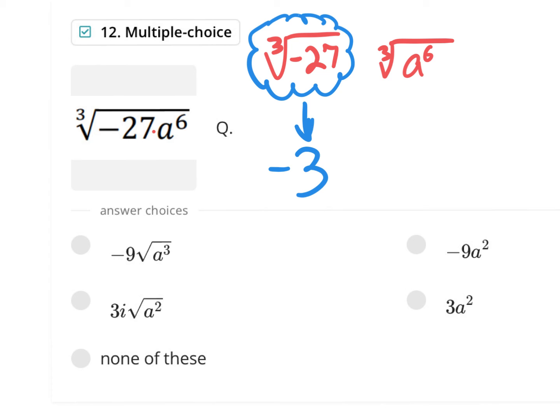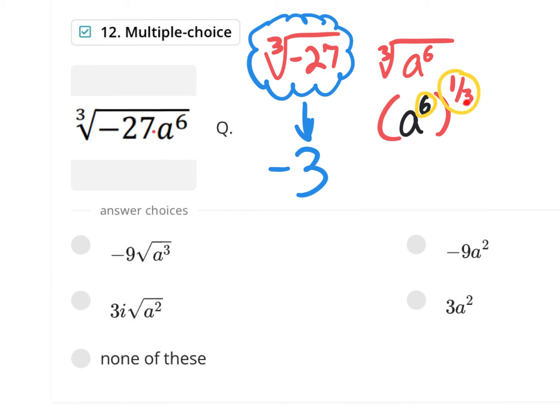Now let's do this other one. Again, remember, a cube root is the same thing as a power of 1/3, okay? And we still have the a to the 6th on the inside. And now we know that a power to a power we multiply. 6 times 1/3 is 2, right? 6 times 1/3, that would be like 6 times 1 is 6.